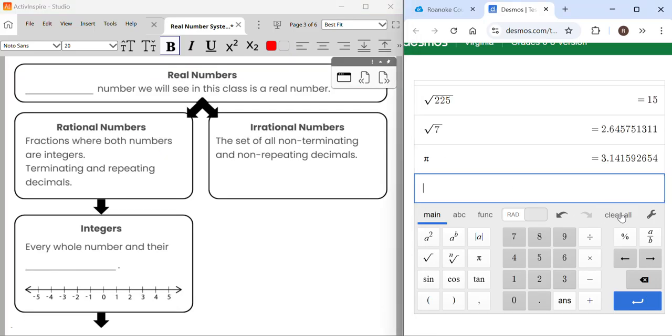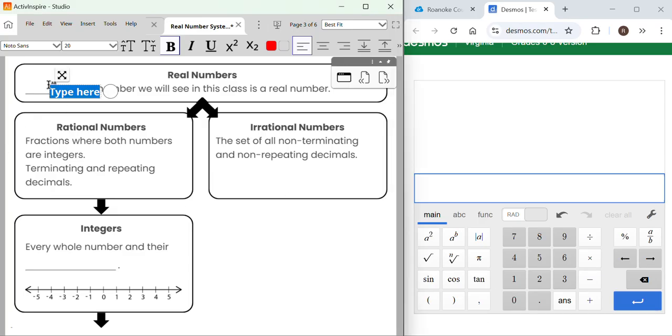So as we talk here, we'll see that we have real numbers, okay, here. And I'm going to go ahead and continue trying to make this work with the text boxes so I can put that in. So up here at the top, I'm going to say every number that you will see during this class, we promise, is going to be a real number.